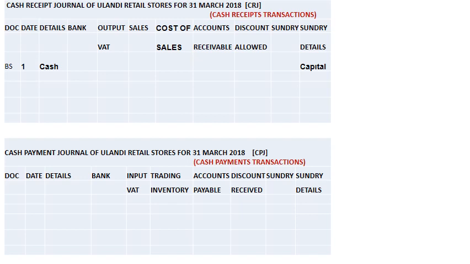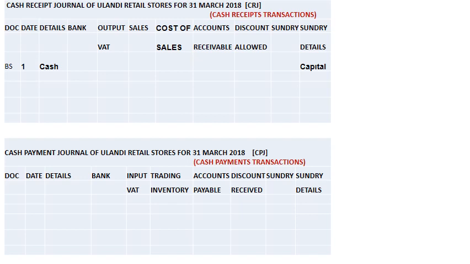It will be a cash receipt journal of Ulandi Traders for 31st of March 2018. The first column will be a source document column. It will be followed by the date of the transaction, the details of the transaction, then the bank column to record the amount including VAT of the transaction. Next to the bank will be the output VAT for qualifying income.